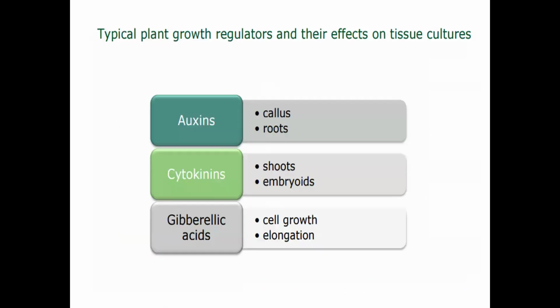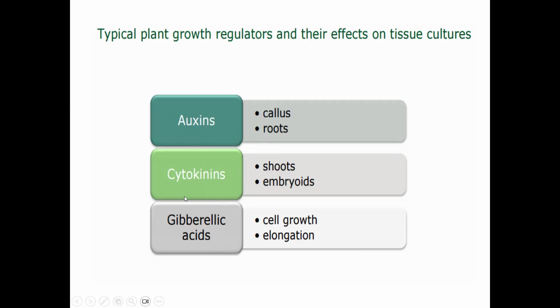So measure growth regulators, which we call phytohormones, used in plant tissue culture are auxins, cytokinins, gibberellic acid, I mentioned before. What auxin does: it induces callus formation, root formation; cytokinin, shoot formation and embryogenesis; and gibberellic acid, cell growth and cell elongation.